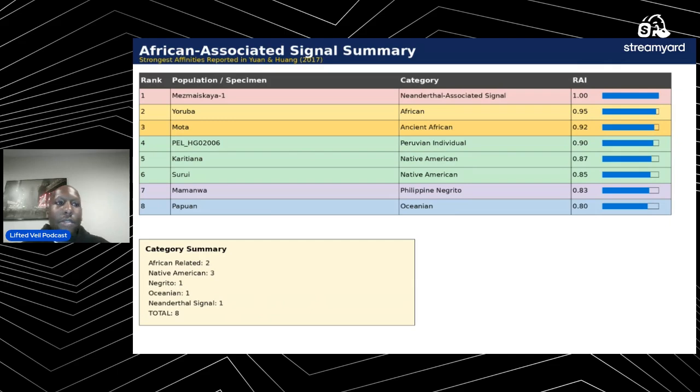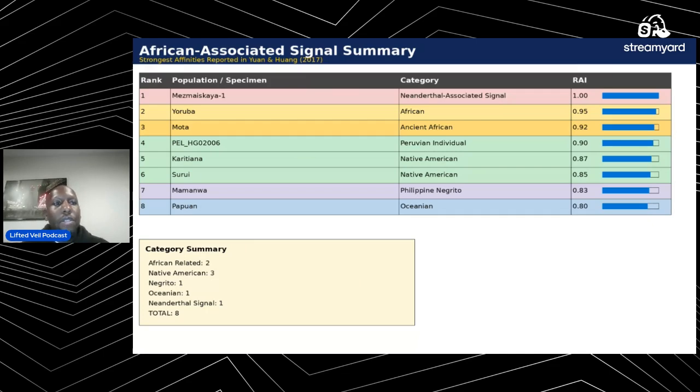All right, so this is the African associated signal that I was hitting at earlier, the summary of that. Okay, so the archaic specimen that shared the most African archaic signal was the Mesmakaya 1, which was found in Russia.